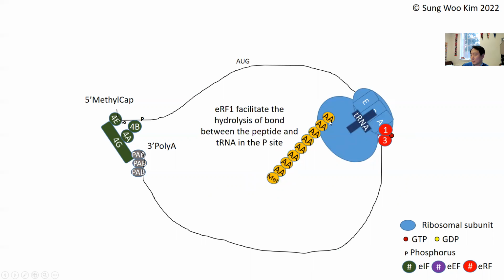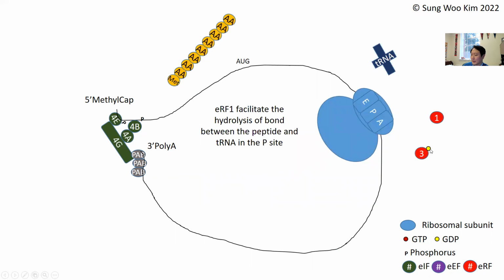So this polypeptide is ready to depart the ribosome. It will go to any destination that is determined, which we will learn later. Now the polypeptide needs to be modified to become a protein.